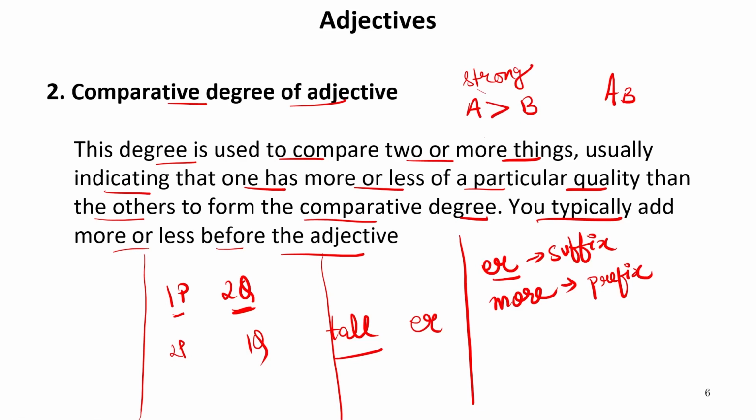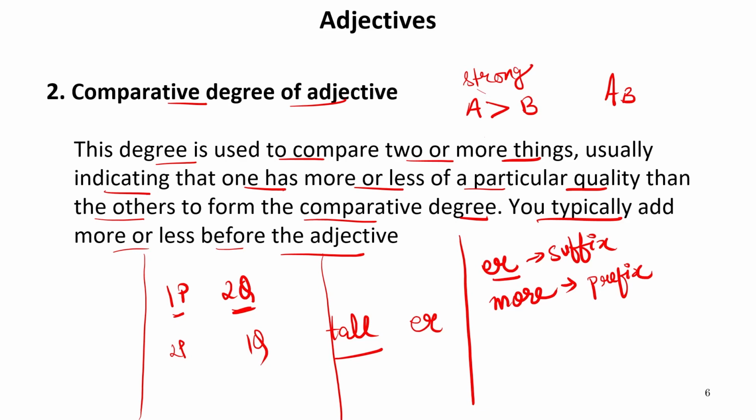So I'm saying A is stronger than B. So both the persons are being compared on the basis of a quality, that is strongness. So that is also the style to compare two things or two persons with each other. So these are the two methods by which we can compare and in which we can use comparative degree. But what are the uses, how to use it, that we will discuss later on in this session only.